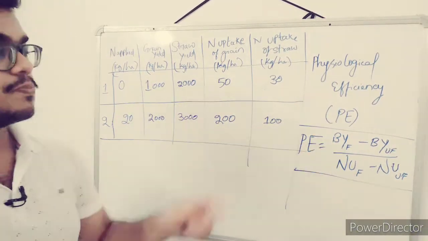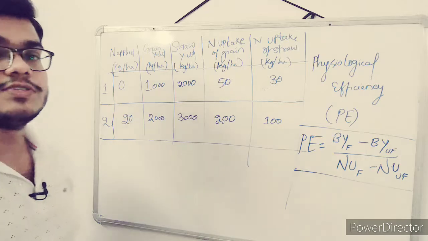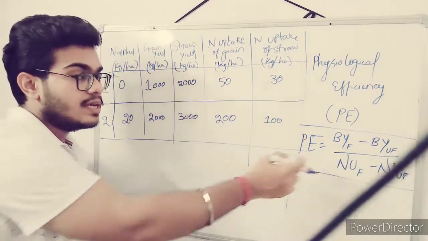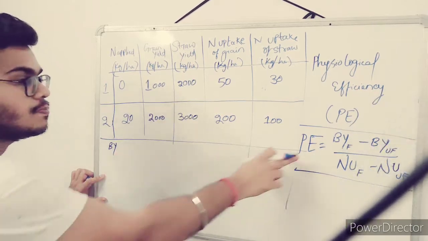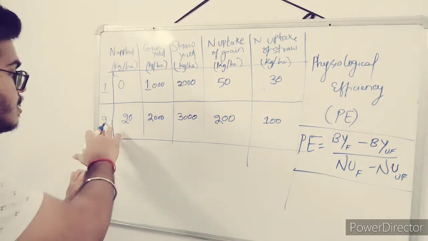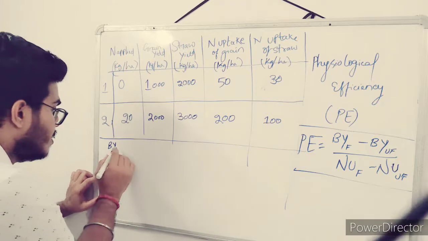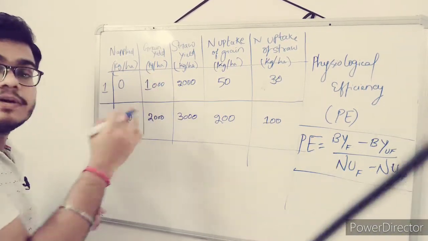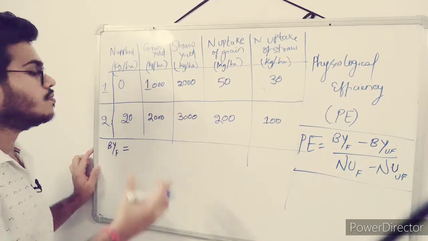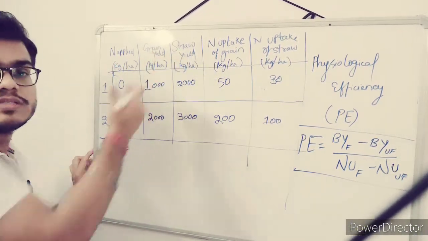This is the most important thing, how to calculate the biological yield. Suppose we have to calculate the biological yield of the fertilized plot. The biological yield of the fertilized plot is the sum of grain yield plus straw yield.